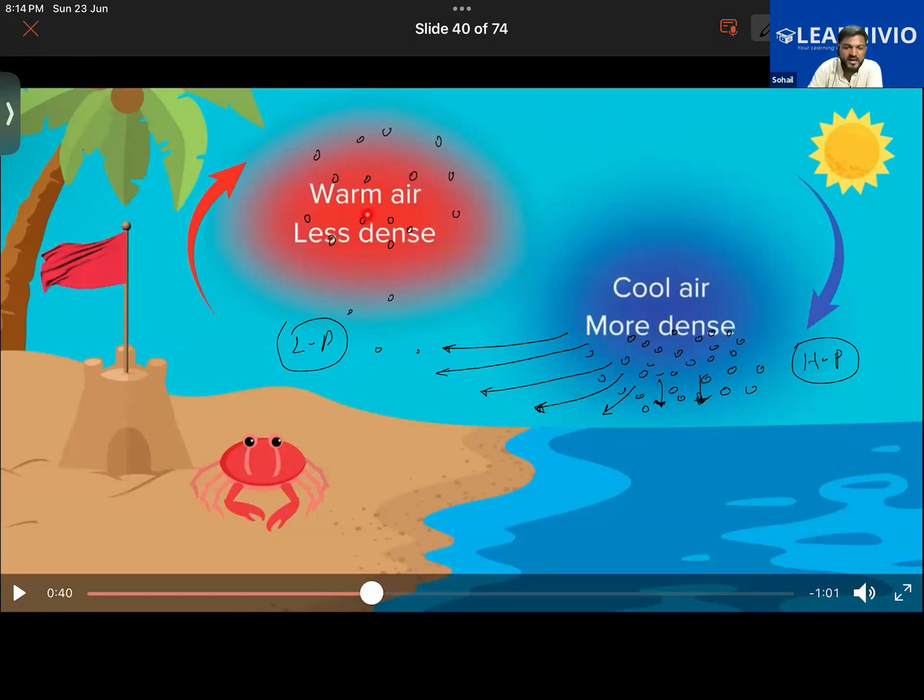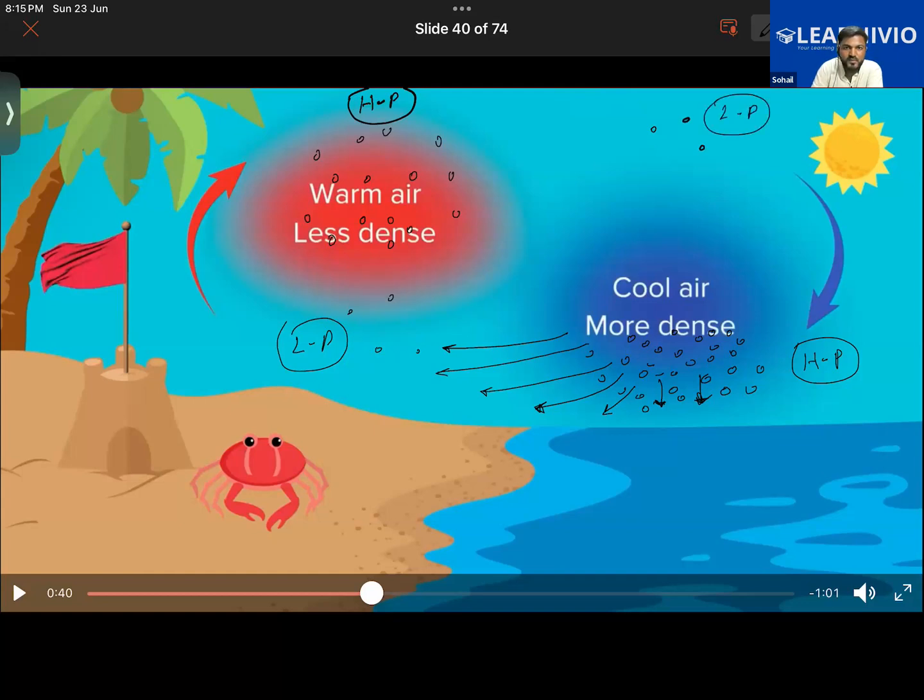Now you tell me, at the same time, what would be happening? Higher up in the sky, the pressure will be more now, because this warming air is rising up and creating a higher pressure in the sky, isn't it? But at that moment, there are fewer air molecules in this part, thereby it would be a low pressure area.